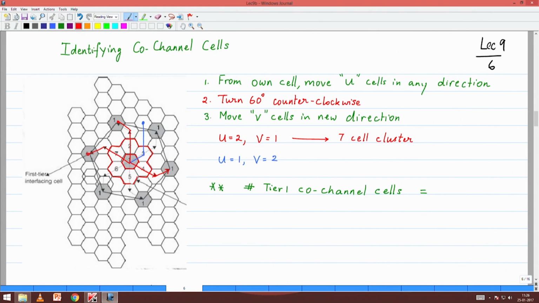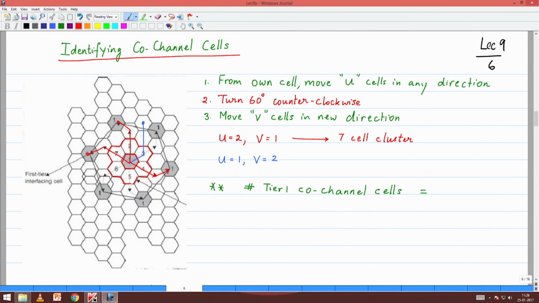Now, this is a valid way of obtaining the locations of the next cells that use the same frequency, the co-channel cells. Basically, it is a method for identifying your co-channel cells. We will show that this is correct, that this is a valid one.